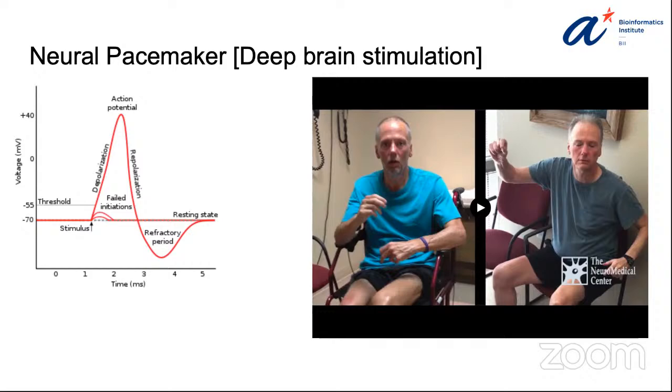Just like that, there are centers in the brain which can mess up. If they start misfiring, they can mess up how your body responds, right? Parkinson's disease is a classical example of that. So you can take a neural pacemaker, basically a deep brain stimulation device, and put it in the center of the brain, where it will control the way in which that center of the brain is firing. You can see that the person on the left is the same man as the person on the right. The person on the left is when he came in for the treatment, and you saw that he had a lot of tremors.